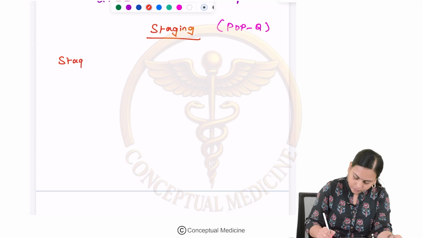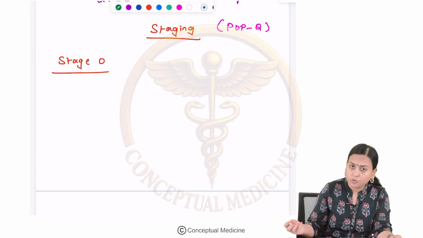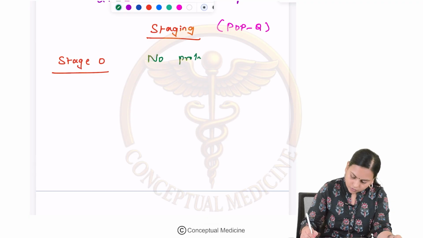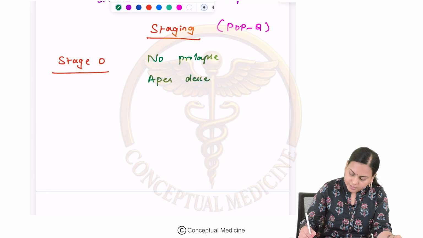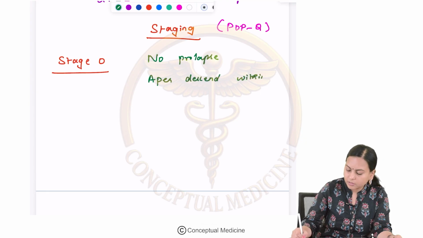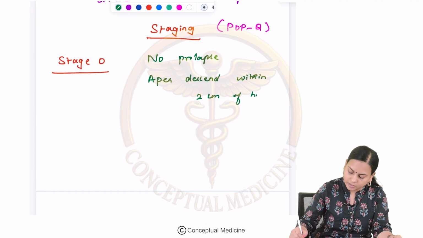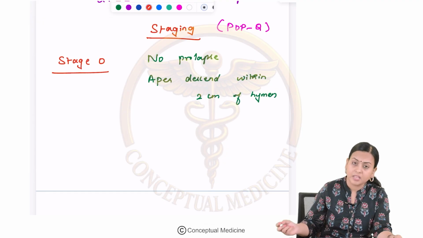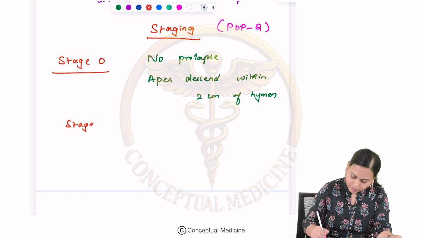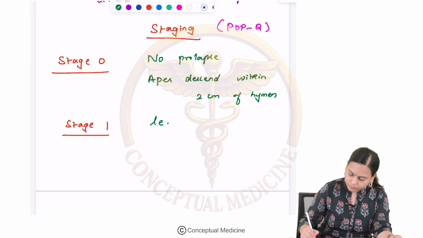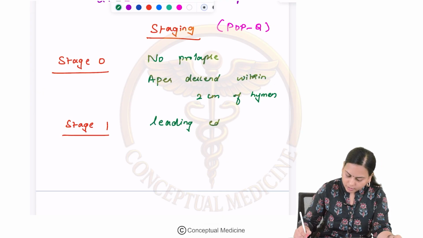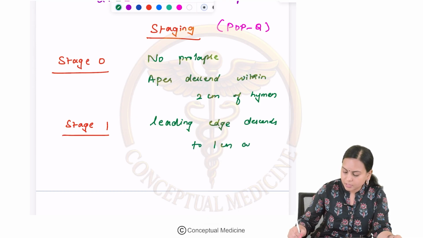Stage 0, where there is no prolapse, and apex will descend within 2 centimeter of hymen. Then you have stage 1, where the leading edge descends to 1 centimeter above hymen.